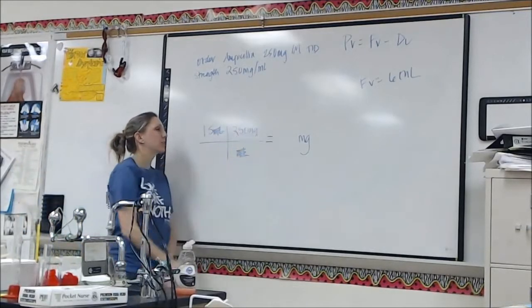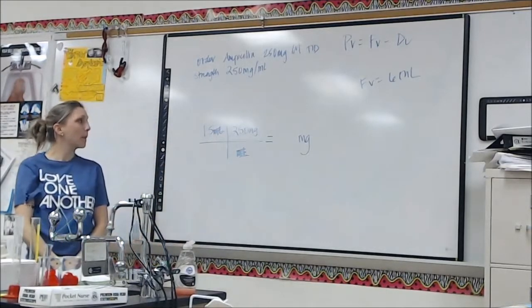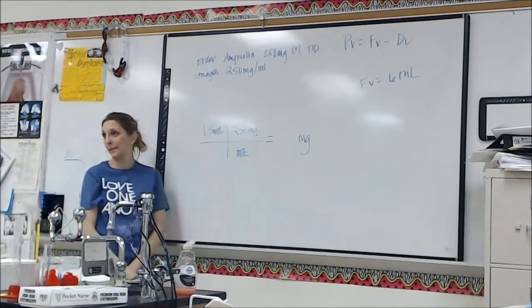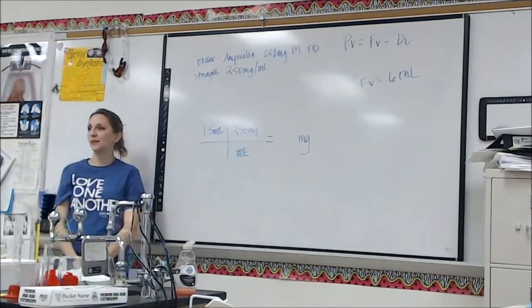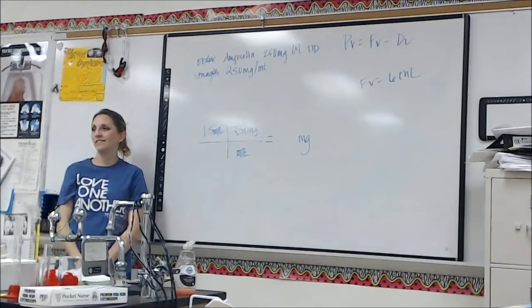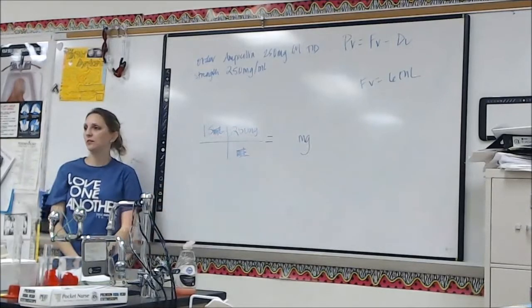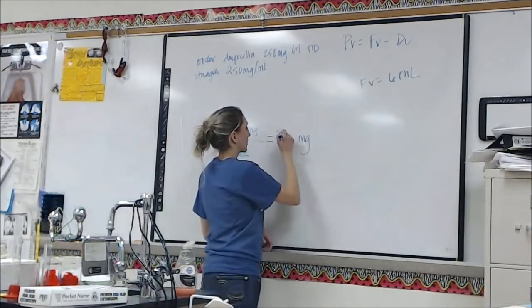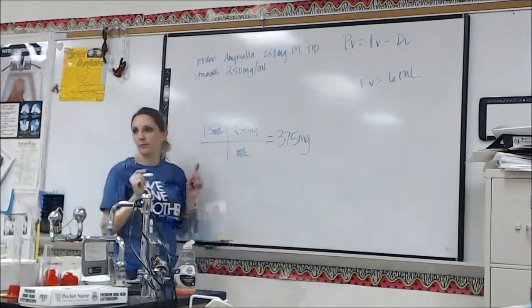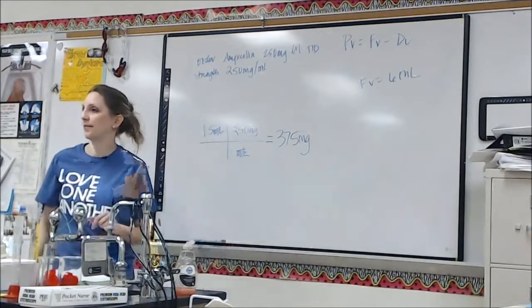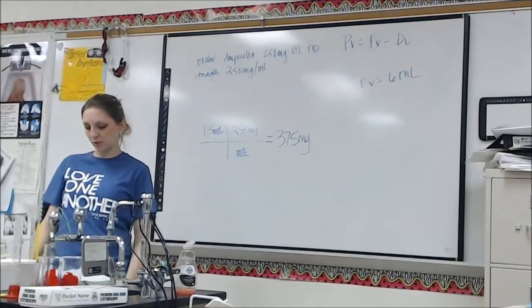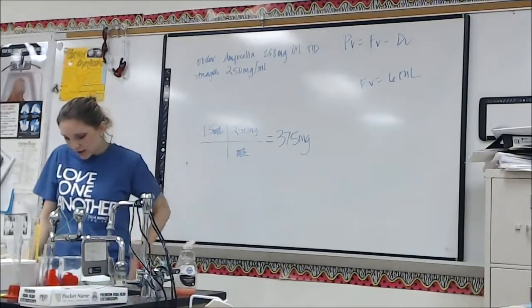You can use your calculator. Just multiply those two, 1.5 and 250. 375 milligrams. Okay, there's our answer to that. I don't really know why they asked that, except that they just want you to practice doing that.